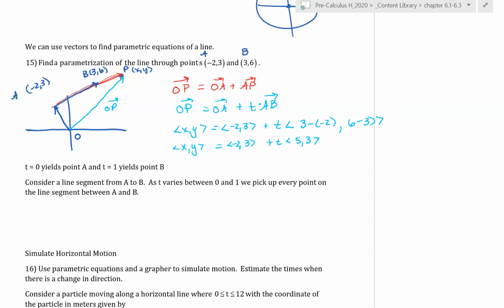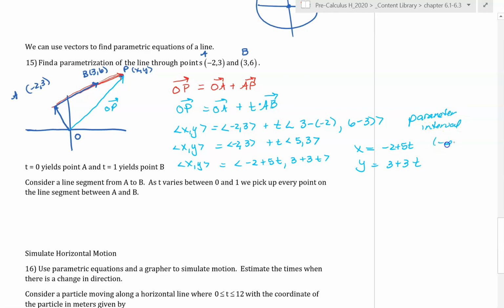So now x comma y, we could add the x components and the y components. So our x is -2 plus 5t, and y is 3 plus 3t. And again, our parameter interval for a line would be all real numbers.